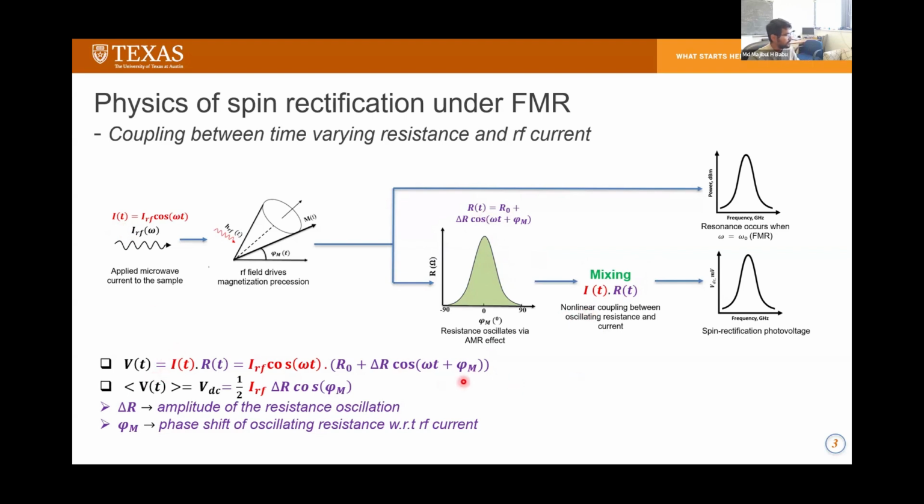The time-average component of this term gives us the rectified voltage signal, which we call the spin rectification photovoltage. So the spin rectification occurs precisely at FMR, where both the maximum power absorption and the spin rectification photovoltage take place simultaneously.